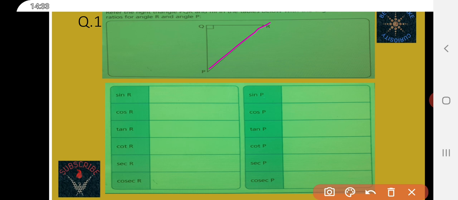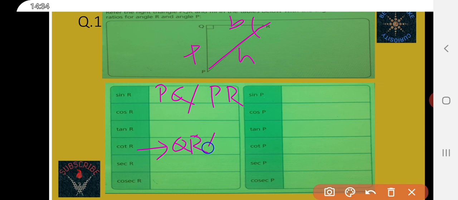So sin R is equal to PQ by PR. Similarly, you can write cot R. Cot R is B by P. B is here QR by P, P is PQ. So for cot you can write this.